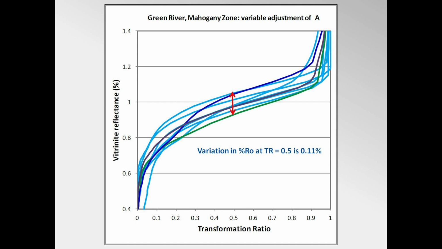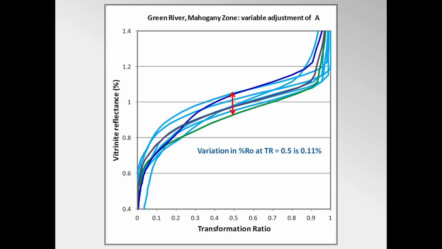The Green River Formation, however, has been analyzed in many laboratories by many workers. These samples from the Mahogany Zone come from a number of different laboratories and show a greater variation even after adjustment of the A factor. The total variability at peak generation here is 0.11% vitrinite reflectance.